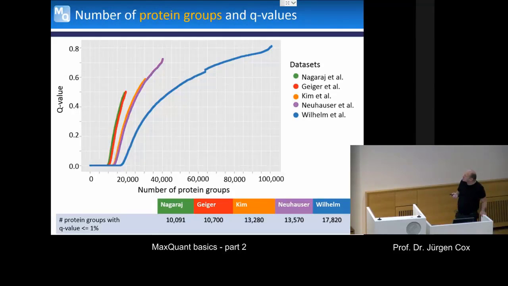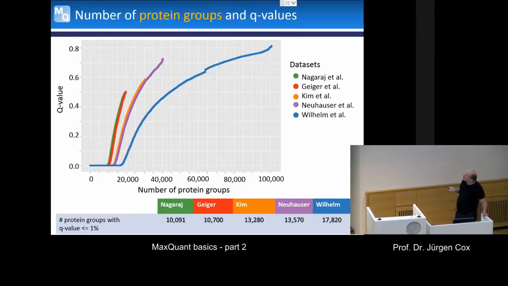So here you see the Q value option, just an example over a couple of data sets, where we have this Q value in the protein groups table. Here we have a couple of data sets where we didn't enforce the 1% FDR, but rather want to plot dependence on the Q value. You see that the protein group FDR, or the protein level FDR, has a huge impact on your coverage.